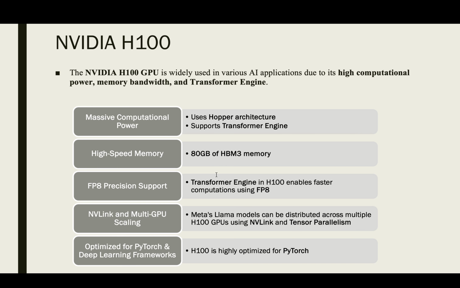And from an inference perspective, H100 FP8 and sparsity support allow faster and more efficient processing of larger scale models.